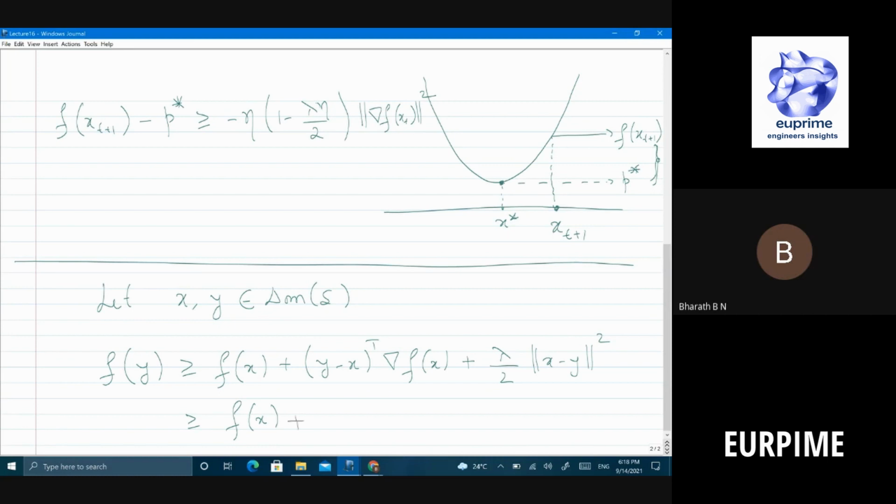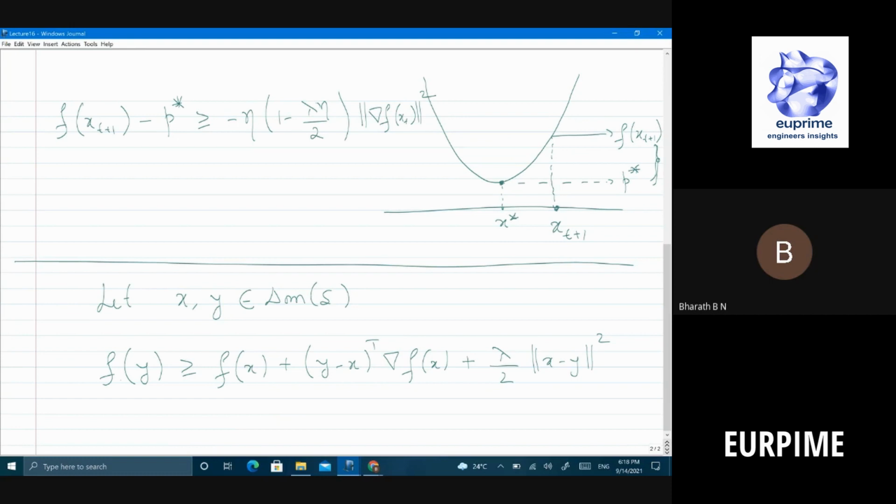Plus, what is y minus x? Y minus x can be the gradient, right? So if you look at, one second. Okay, so now let's figure out what.